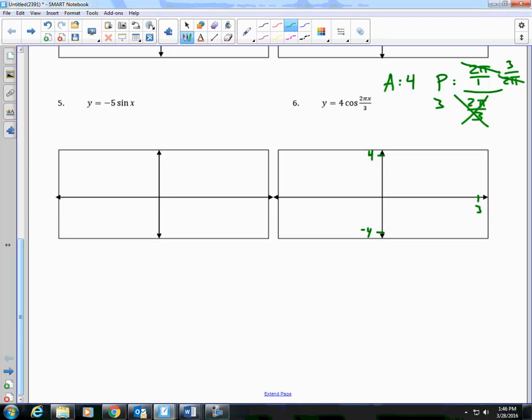What's half of 3? If I take half of 3, I get 3 over 2. What's half of 3 over 2? 3 over 4.